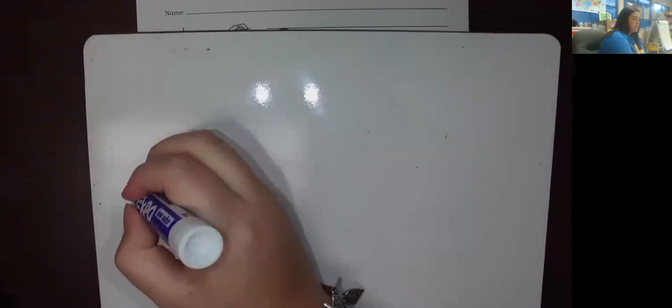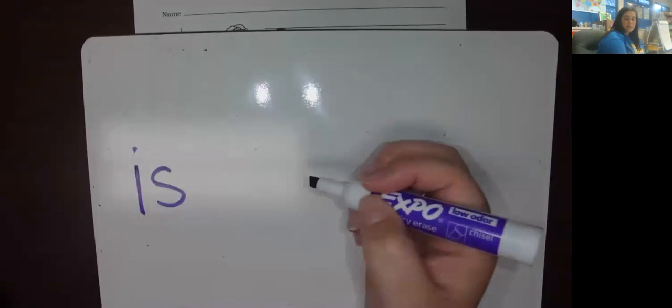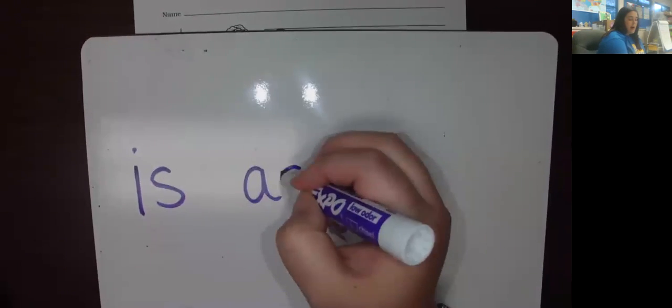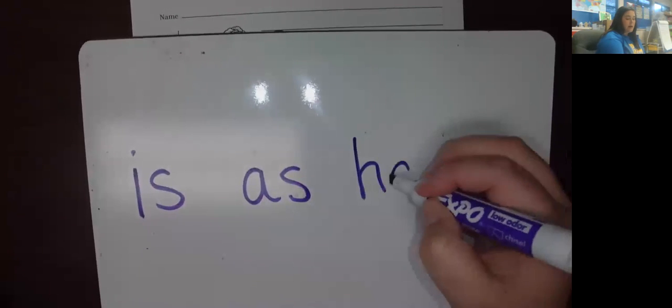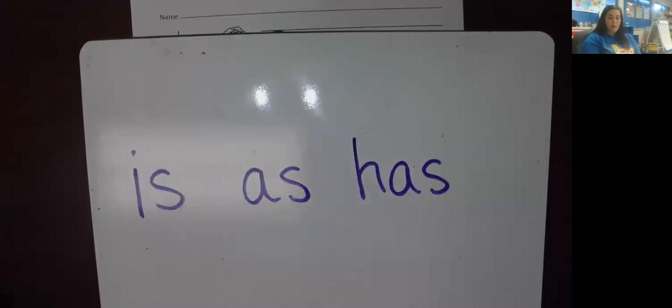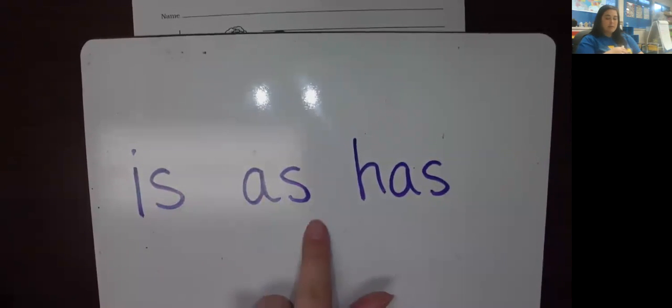Is, as, has. We hear the sound z. So now I'm going to write them for you. Is, as, and has. The letter that's making the final sound, the last sound, is the letter S.